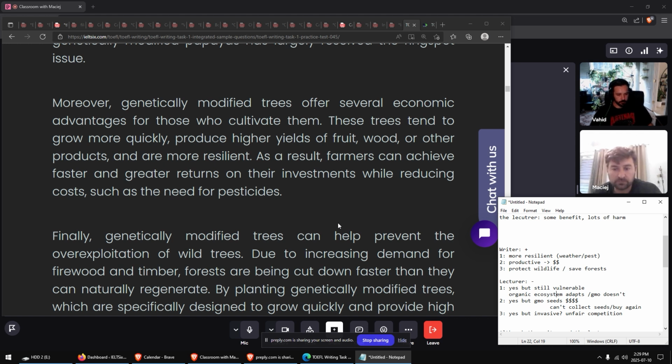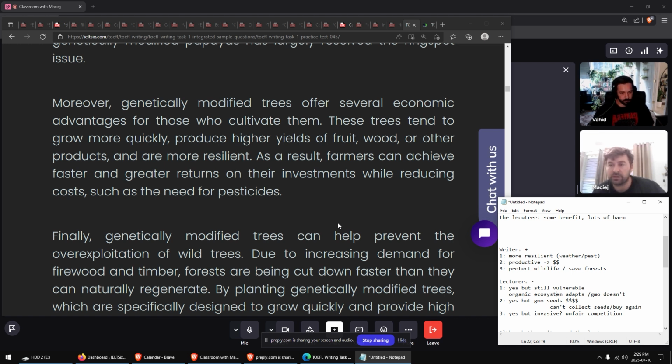However, let's not start with however, because now we need the lecturer to agree, but then say something contradictory. So the lecturer agrees, but explains that there are many costs of the GMOs.